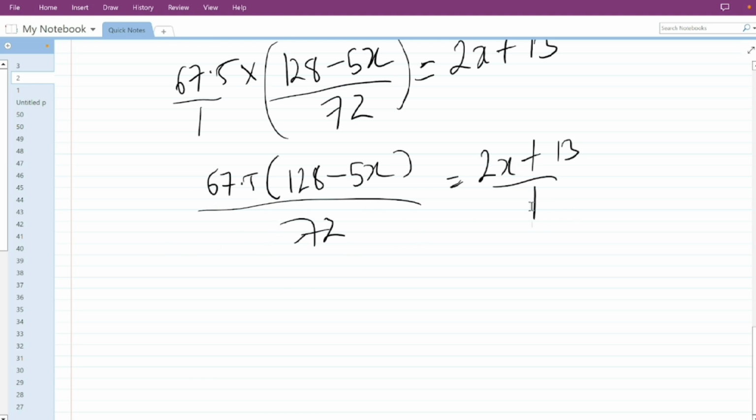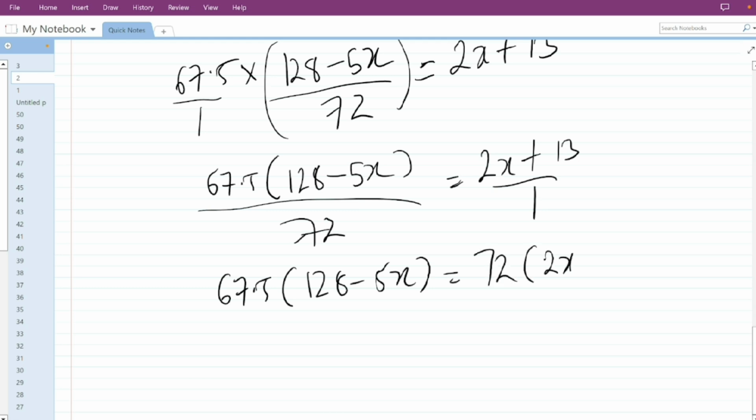Anything times 1 is that number, so you have 67.5 into open bracket 128 minus 5x close bracket equals, on the other side, 72 into open bracket 2x plus 13. Note that this 72 not only affects the 2x but everything in the numerator. We close our brackets. We can choose to convert this decimal to a fraction, 675 over 10, or leave it this way and solve down.